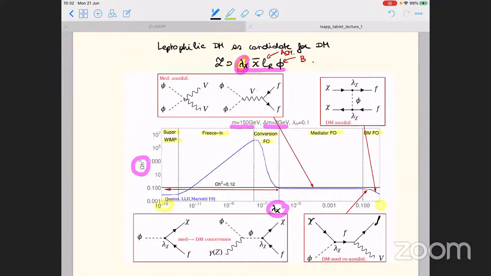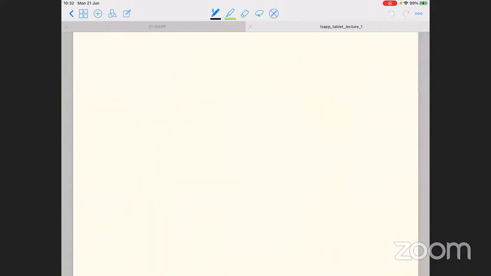If there are no other questions, let me go to the theoretical material that we need in order to go through all these mechanisms. The tool that we are going to use all around is the Boltzmann equation.